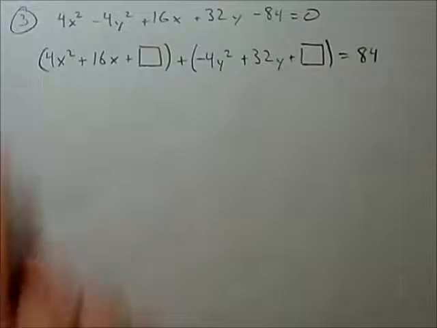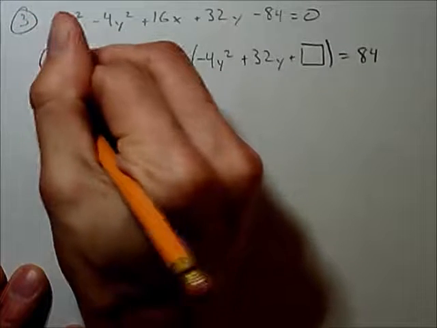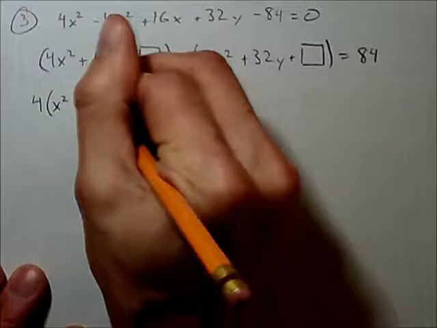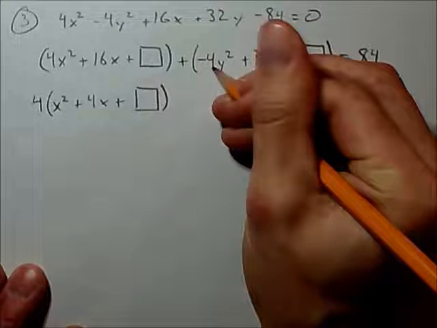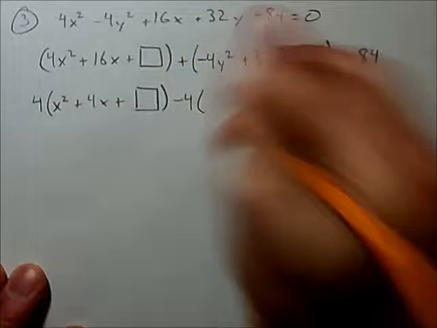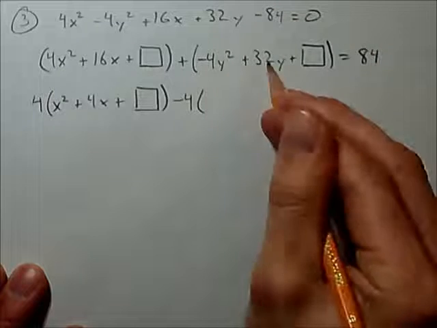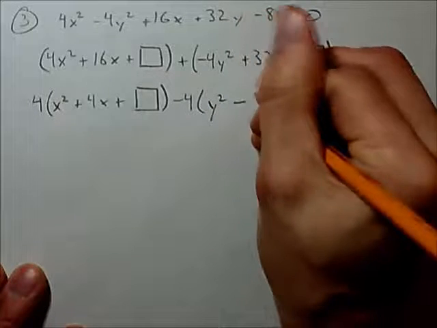Step 2, factor out a 4 for the x's. That leaves me x squared plus 4x plus box. And for the y's, I need to factor out this negative 4. That means I'm going to change the signs for the y squared. That'll be minus 8y.